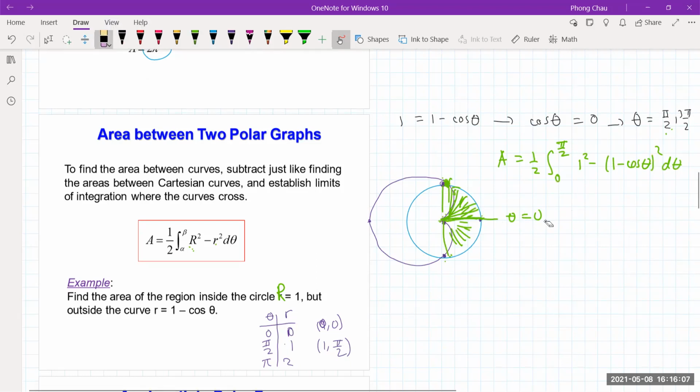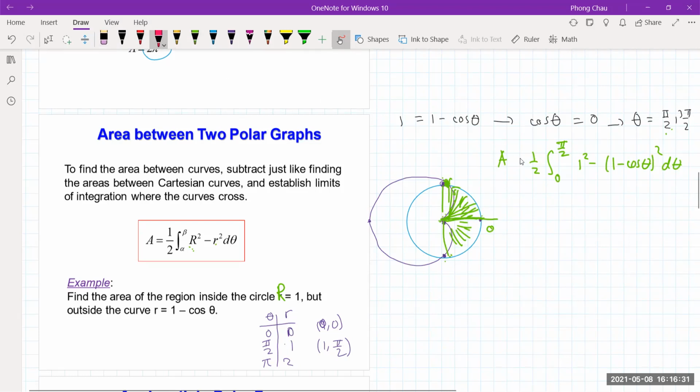Now, by the way, because I chose to go from 0 to pi half, do not forget that your answer needs to be doubled, because I computed the area of that part without counting the bottom. So you need to double it.